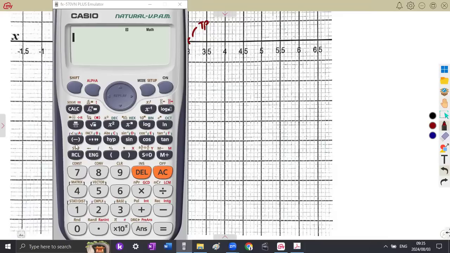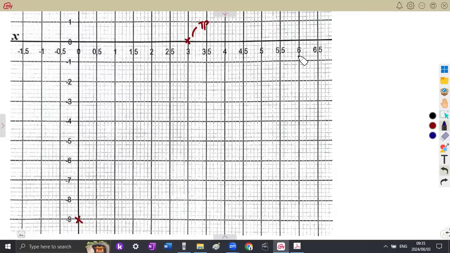Let's substitute 6: minus 6 squared plus 6 into 6, minus 9. This was going to give us negative 9. So if x is 6, y is negative 9, you can also use this as a reference point to draw this.